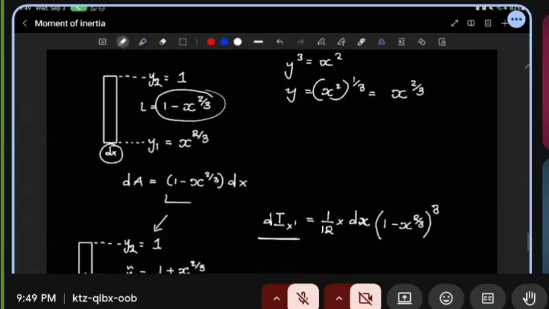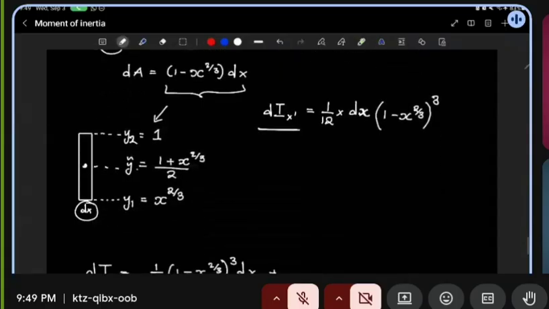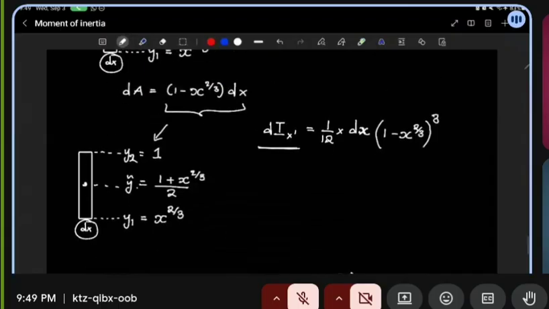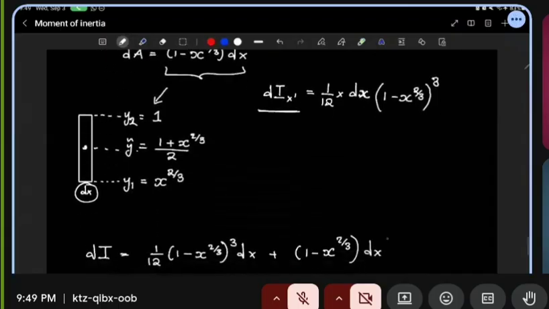Did we get it? Yes, we did. So that is 1 minus x to the power 2 over 3. There's no power there, dx.